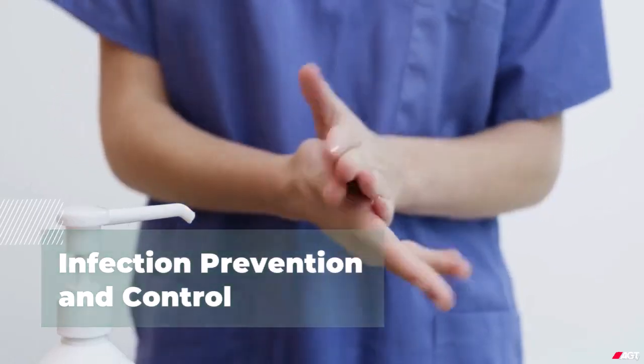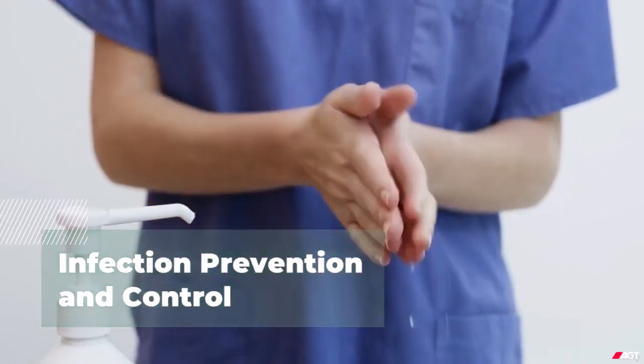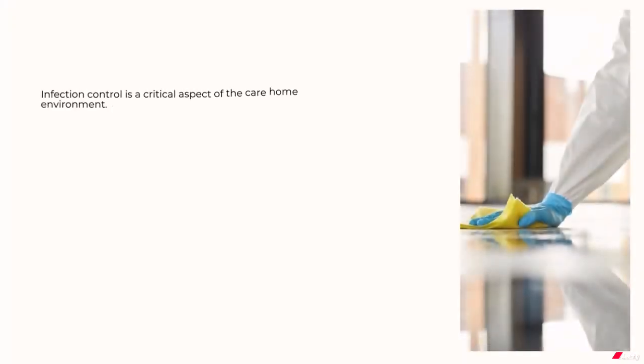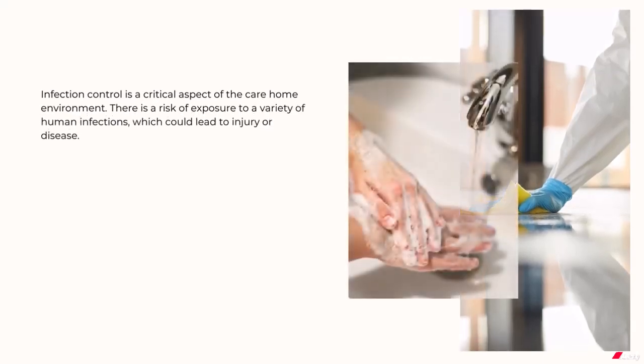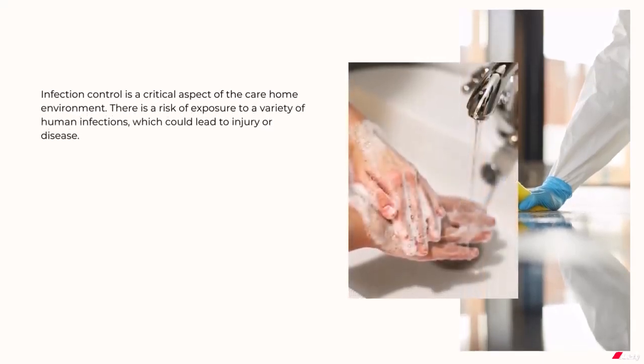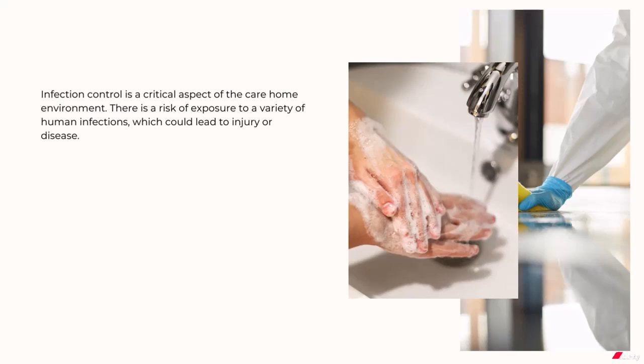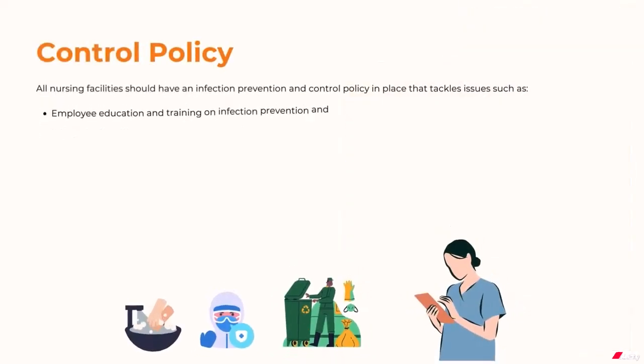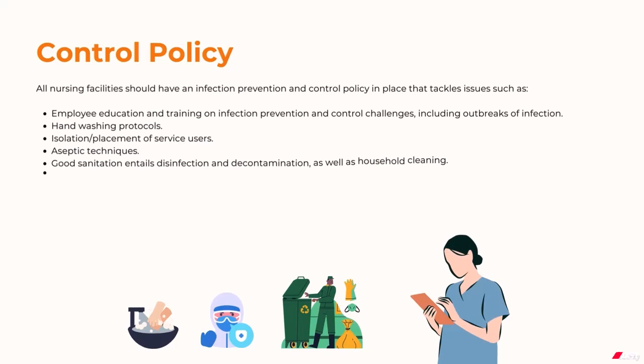Infection prevention and control. Infection control is a critical aspect of the care home environment. There is a risk of exposure to a variety of human infections which could lead to injury or disease. Control policy.